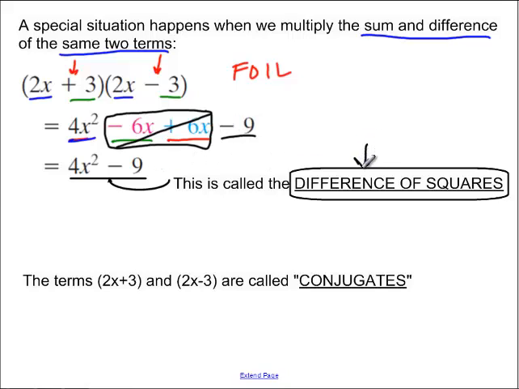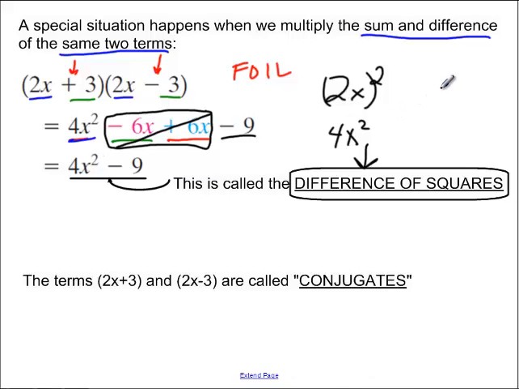And this product is called the difference of squares, because we've got a difference of two squared terms. In other words, the first term, 2x times 2x, is really 2x squared, which gives us 4x squared, and that's our first term in our difference of squares multiplication.